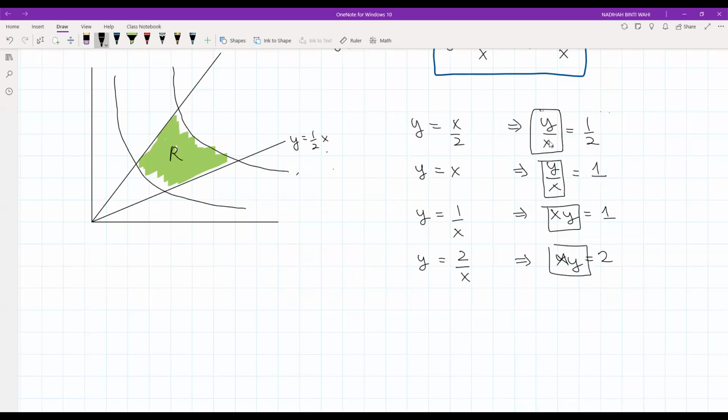So I have two similar equations. So let u equal y over x, and v equal xy.